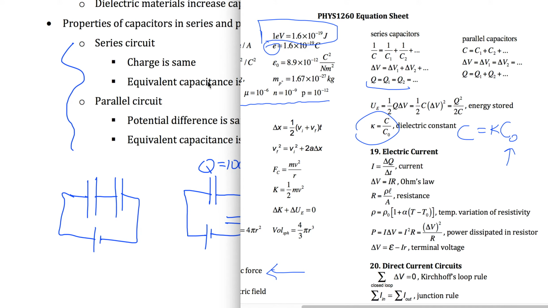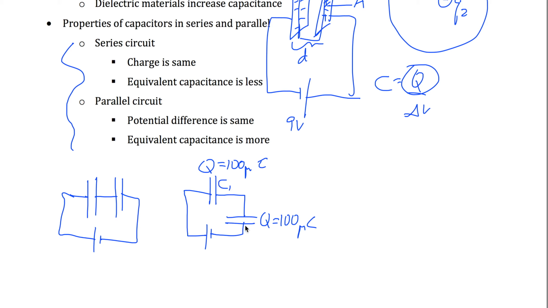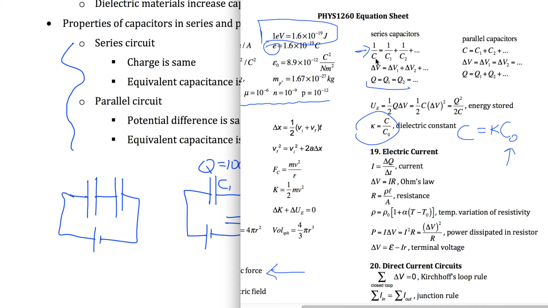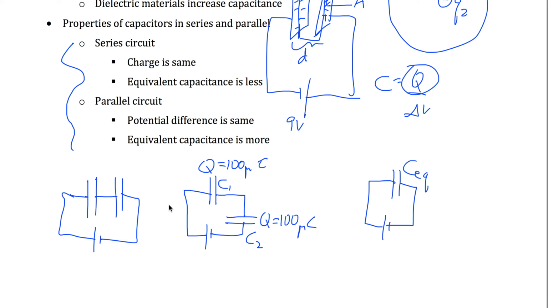And the equivalent capacitance is less. That's talking about this equation. If you know the capacitance C1 on this capacitor and the capacitance C2 here, and you're trying to simplify this circuit into one capacitor that has an equivalent capacitance, then by using this equation right here, this would be C equivalent, and plugging in the numbers and solving for C equivalent, you'll get a number that is smaller than either of the two original capacitances.